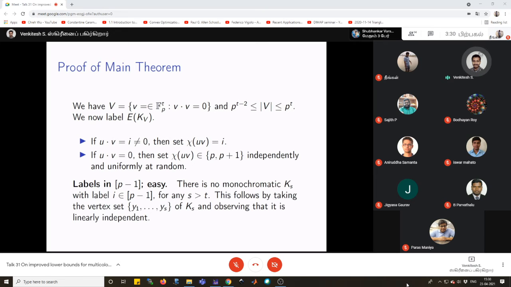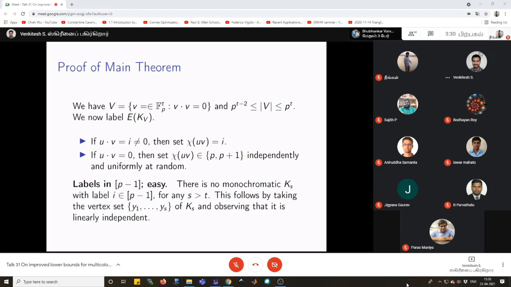So what do we gain by showing this case? What we say is that the following bad event does not occur, which is: suppose there are monochromatic copies of complete graphs with size much greater than t. Suppose that's possible.